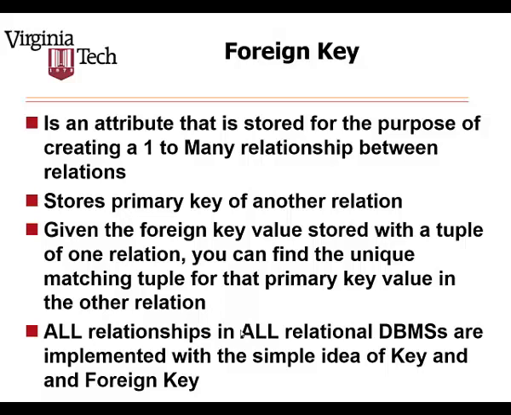And then the idea of a foreign key, which is an attribute that stores those primary key values so that we can associate the instance in our table to the matching instance identified by the primary key that we've stored as a foreign key, and find the data that matches our data.